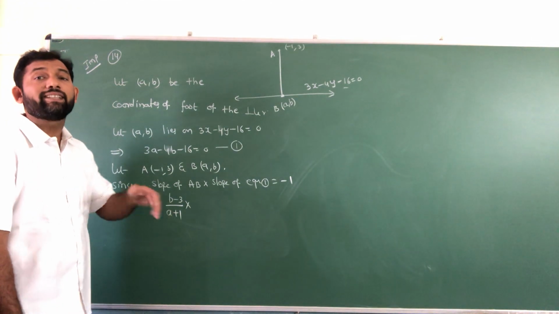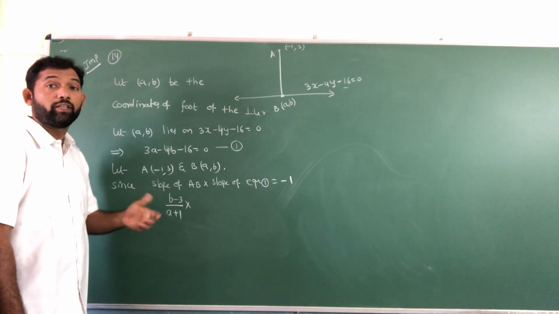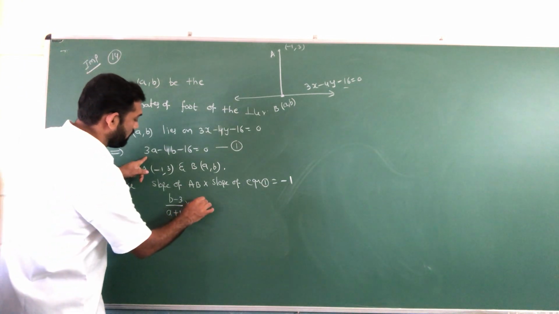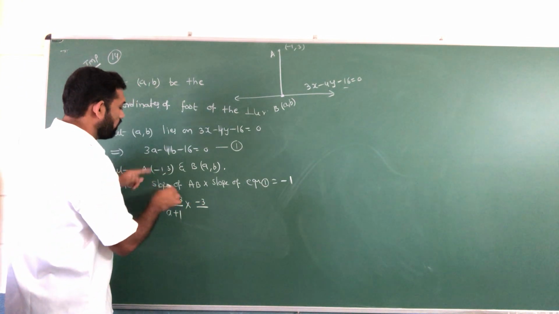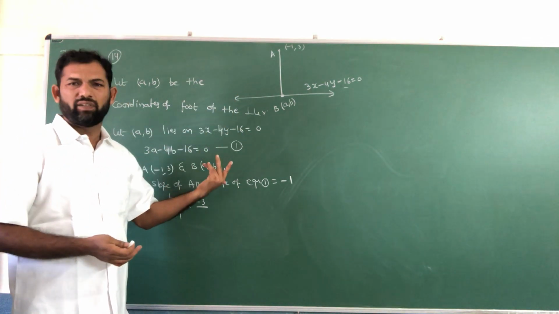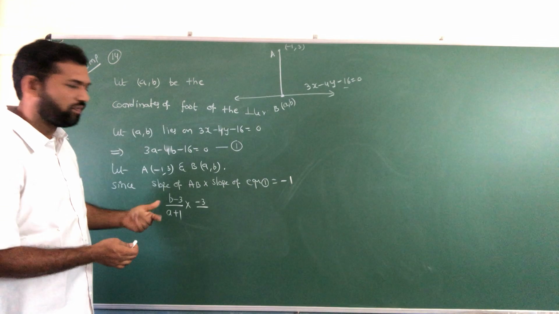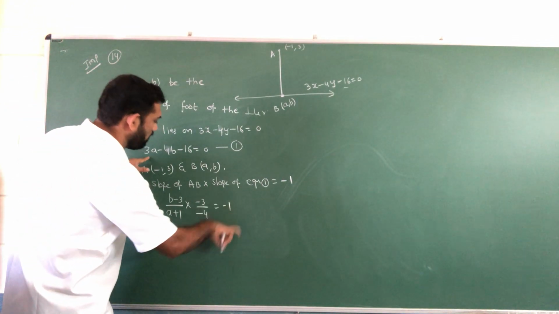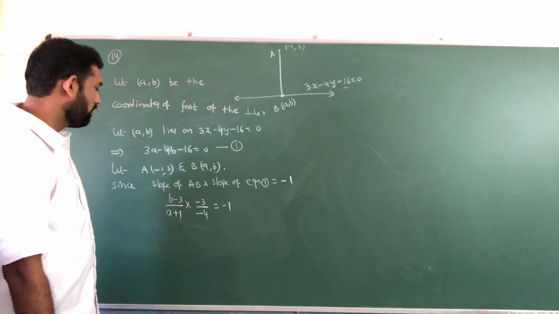For the given line, the slope is minus x coefficient by y coefficient, so minus 3 over minus 4. It is equal to minus 1.